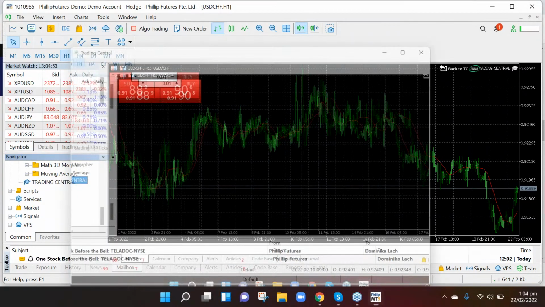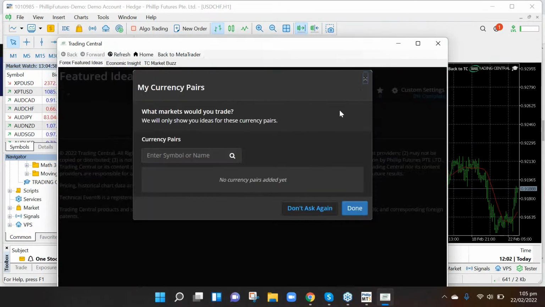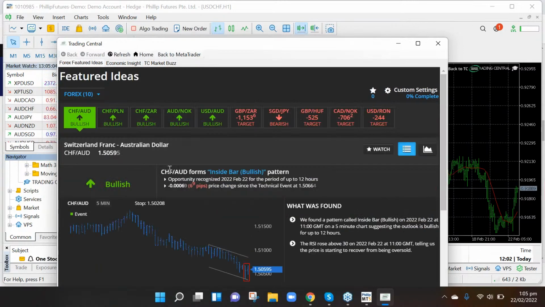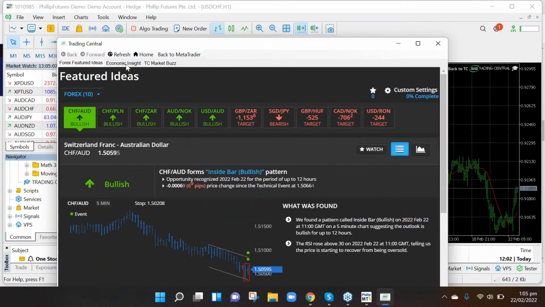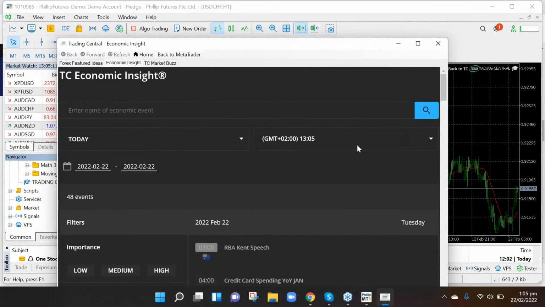And there's a pop-up window with 3 products from Trading Central. The first one is the Forex Future Ideas, which we talked about a bit before. Then we have a brand new tool that is available right now for Phillip Nova users, which is the Economic Insight.